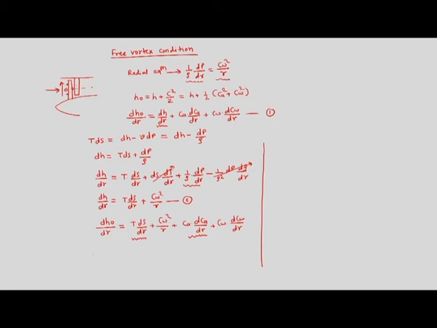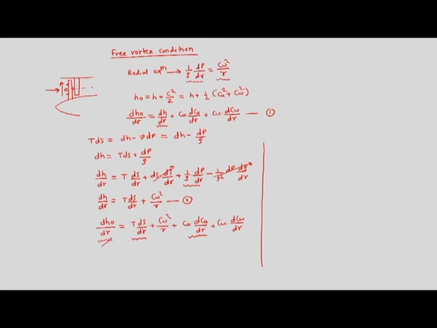So these two terms would get cancelled. Further, we are also considering that dH naught by dr is negligible, which says that we are having an equal amount of work taken by the compressor at different heights.